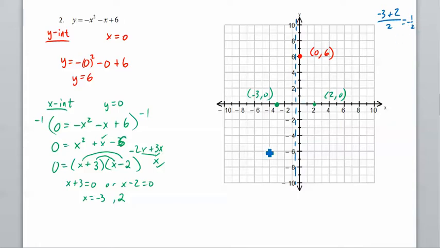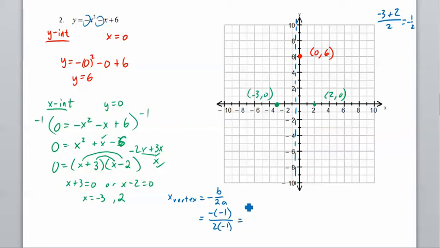Or you can do the x value of the vertex, which, we learned in class, is negative b over 2a. So b is negative 1. So negative negative 1 over 2 times a. A is also negative 1. It doesn't change because there's a negative in front.